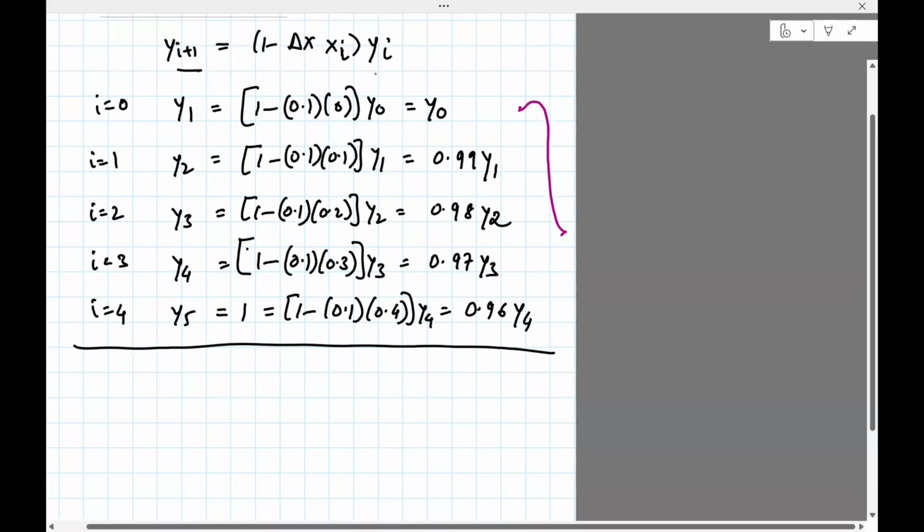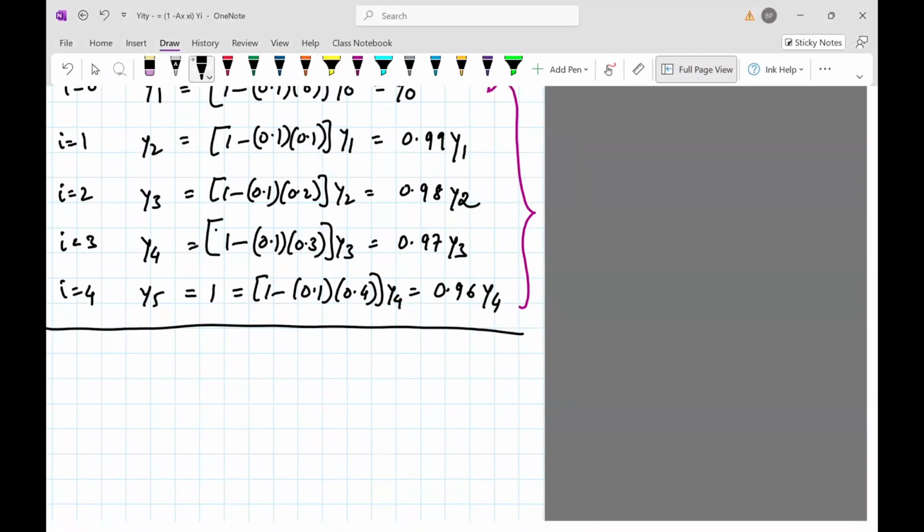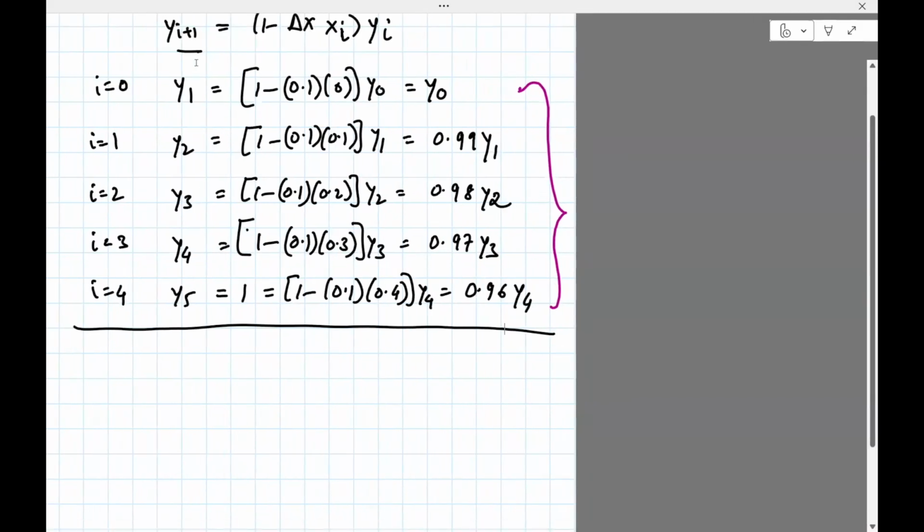Okay, so I'll rewrite all these equations in a way that we can use matrix manipulation to solve them. So the first equation is, okay, I'll move the y0 to the other side. So we have minus y0 plus y1 equals 0, the first equation. Second one, we have y1, y2. So I'll write it in this specific way, which will help me later on. 0.99 y1 plus y2 equal to 0, the second equation.